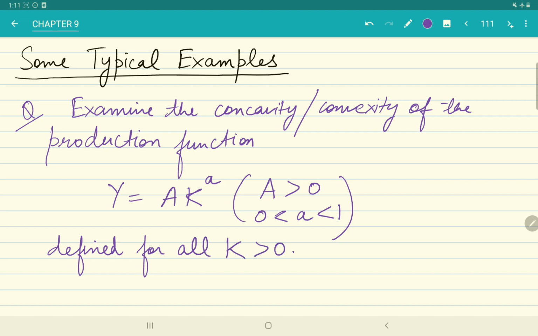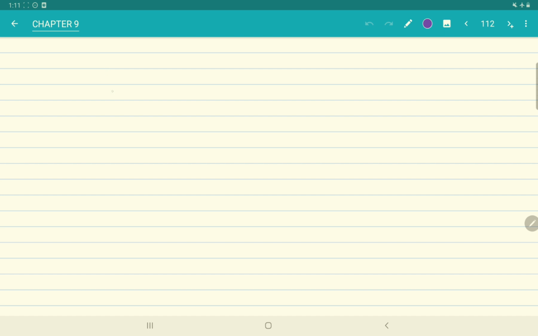So if I have to examine the concavity or convexity of this production function, the first step is that I have to differentiate y with respect to k twice, first differentiate y with respect to k, and then differentiate it again. So first I have y is equal to A k raised to the power a.